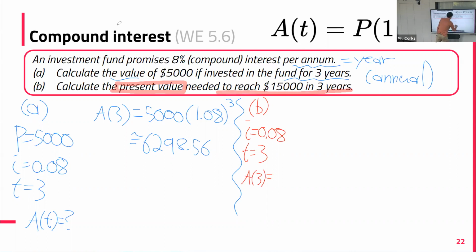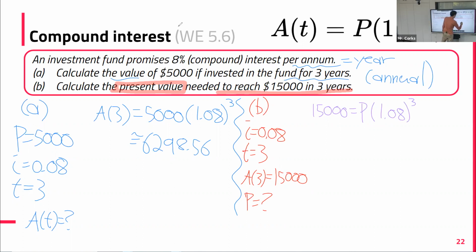A3 is 15,000 and B is something. So we just put all the parts into our formula. 15,000 equals P times 1.08 to our exponent 3 here.